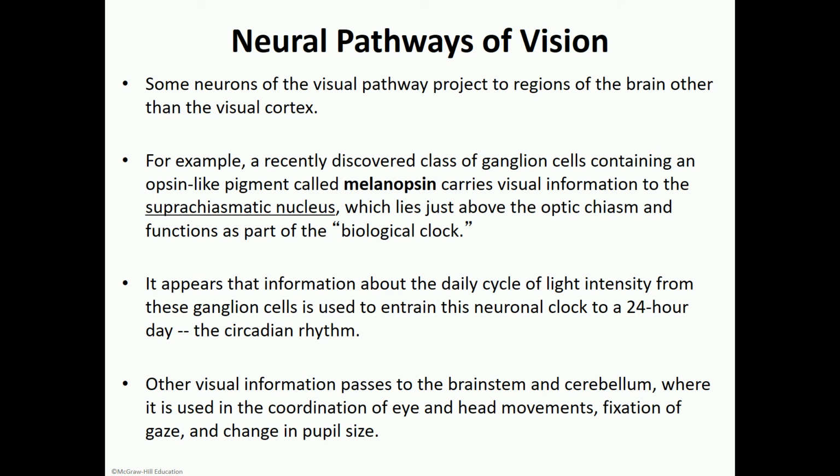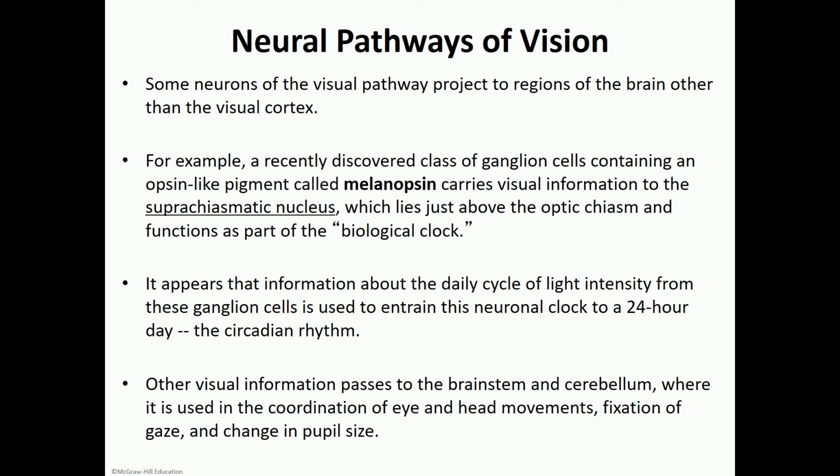Okay, so obviously that nucleus, mediated through that pigment, helps in the keeping up of our daily cycle. We are messing it up though, looking at our cell phones throughout the night, but that is how normally it would have been.